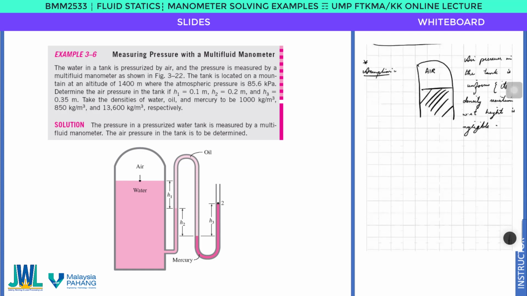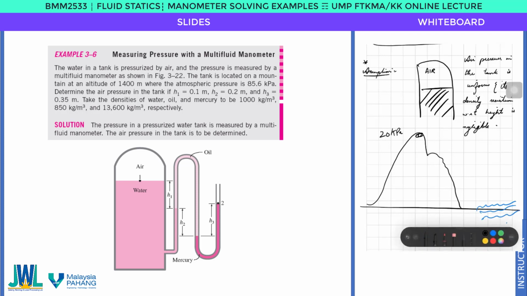Because remember, in one of the slides I told you about Mount Everest. On Mount Everest the pressure is only 20 kilopascal, whereas at sea level, at Pecan Beach, the pressure is 101 kilopascal.